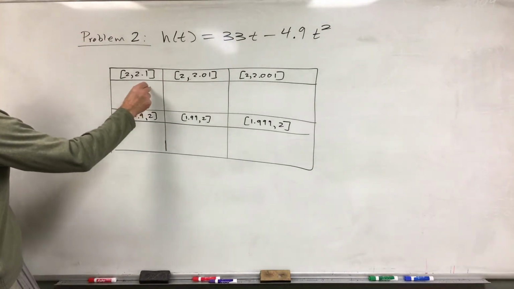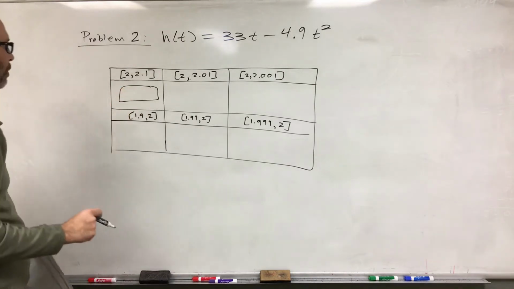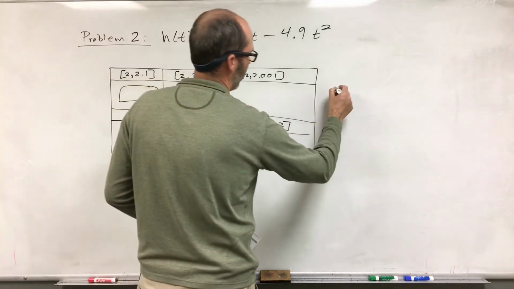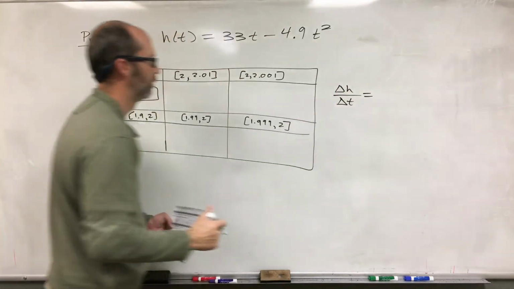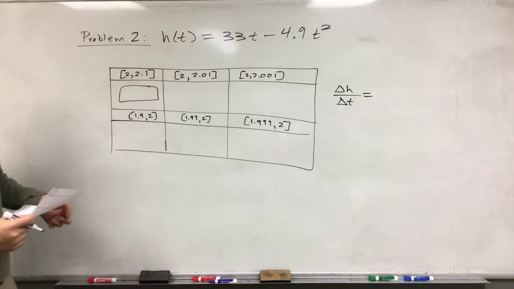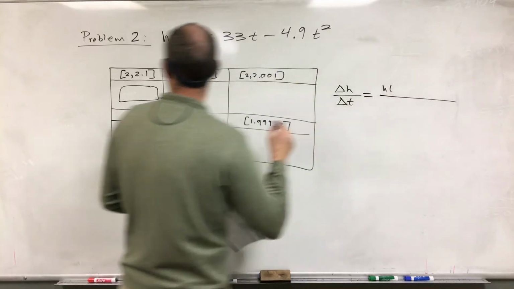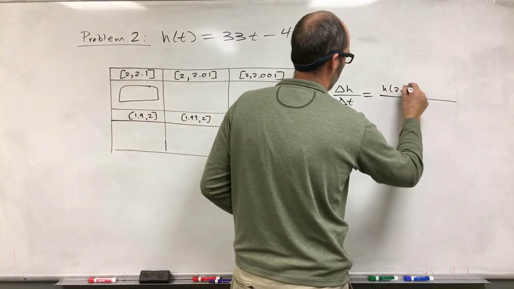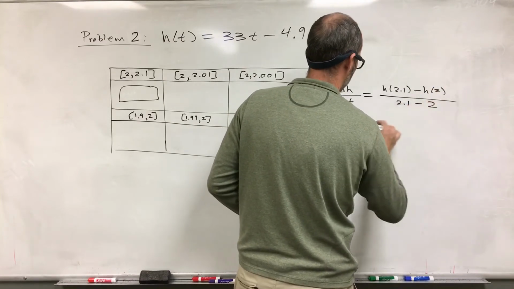To get the answer that goes into that little box there, I'm computing the change in h over the change in t for this interval. That's h of 2.1 minus h of 2, over 2.1 minus 2.